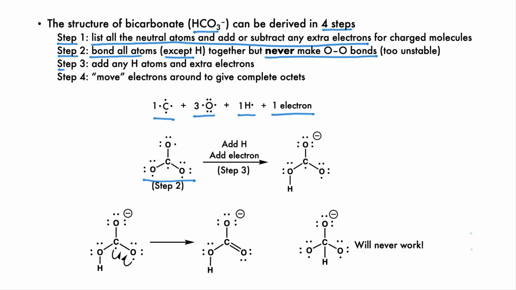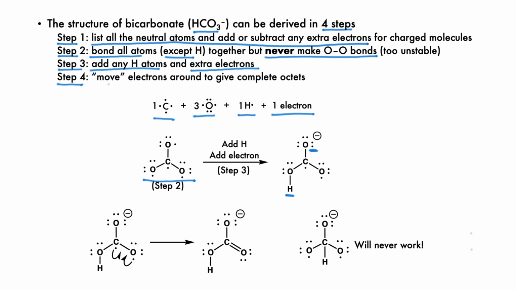In the third step, add the hydrogens and add any extra electron or subtract if there's a positive charge. In this step, try to add the electrons to the most electronegative atoms. For bicarbonate, we add the hydrogen to 1 oxygen and an electron to another.